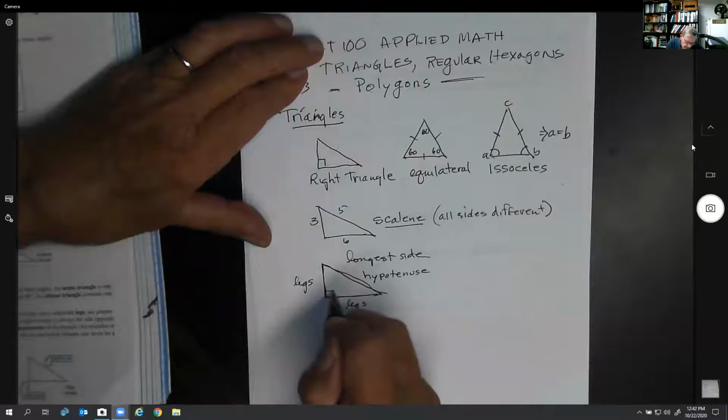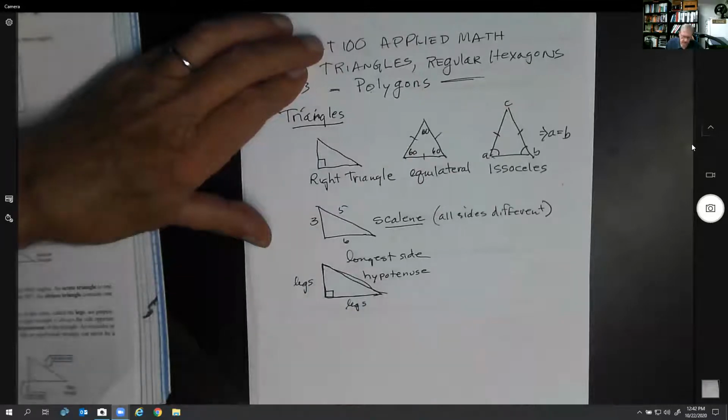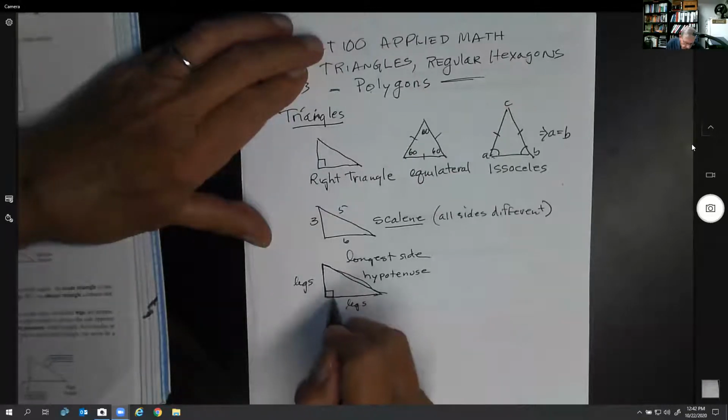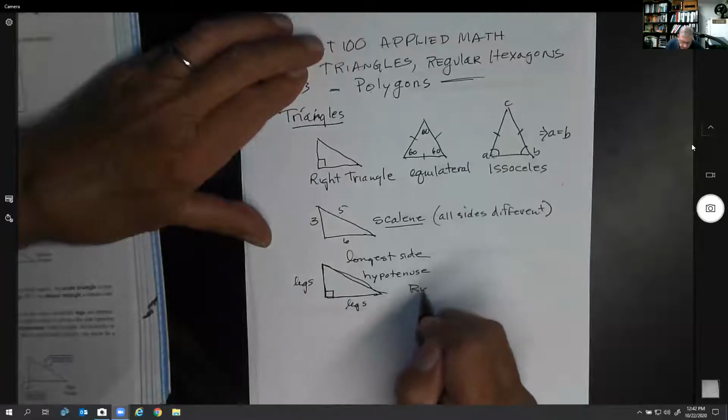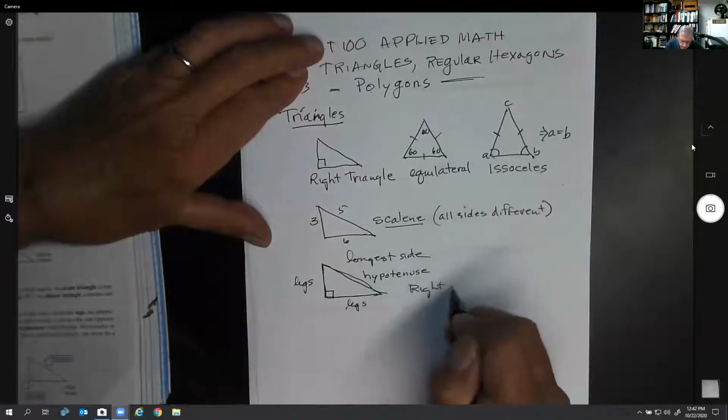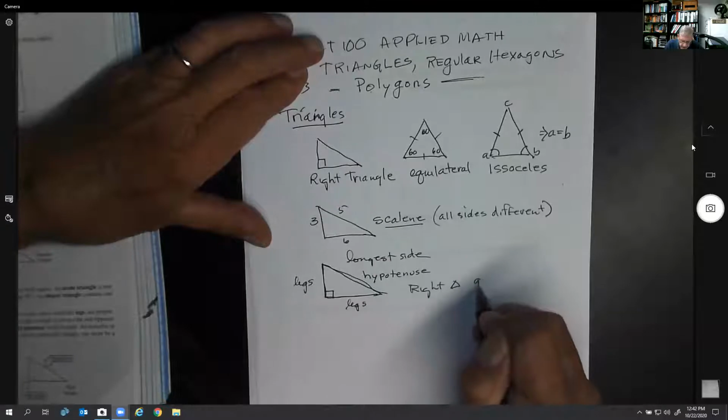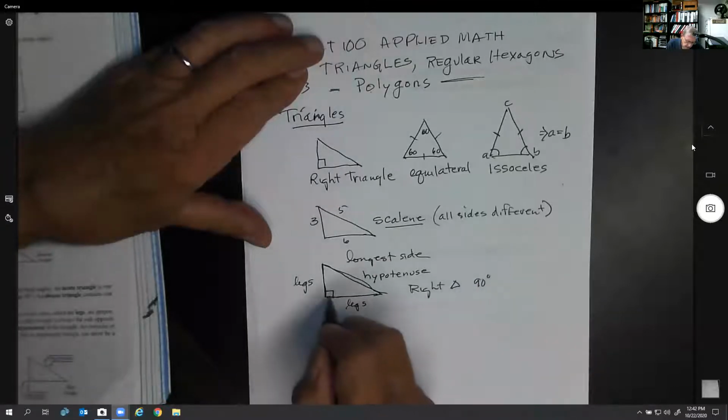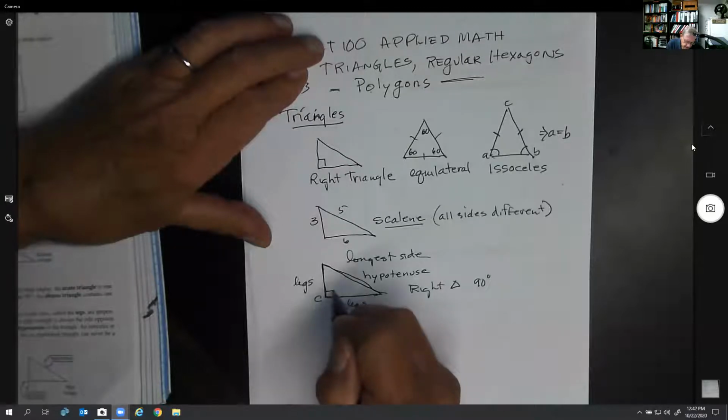Usually the 90-degree angle right there. This only works for a 90-degree triangle. It's a right triangle. 90 degrees. And this side we usually call C. And the distance opposite that is called the hypotenuse.